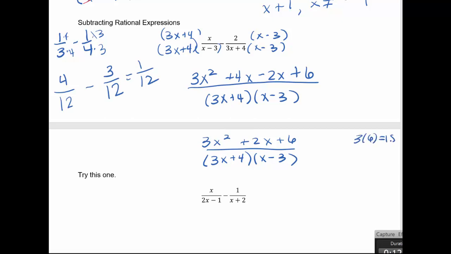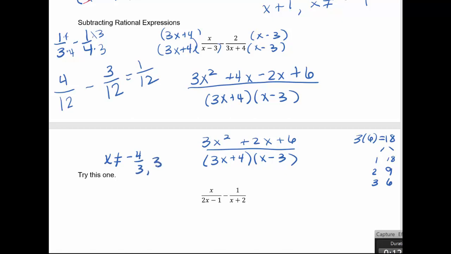What are my factors of 18, if any, that add up to 2? I don't know of any, so we will just leave this in this form. And you need to note that x cannot equal negative 4/3 or 3.